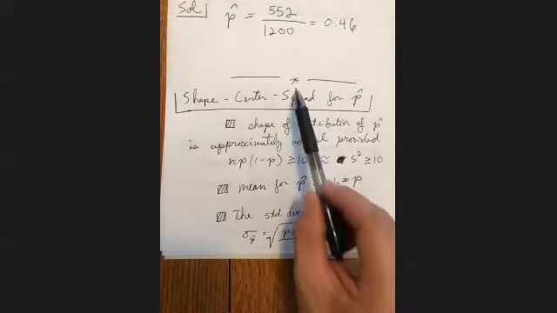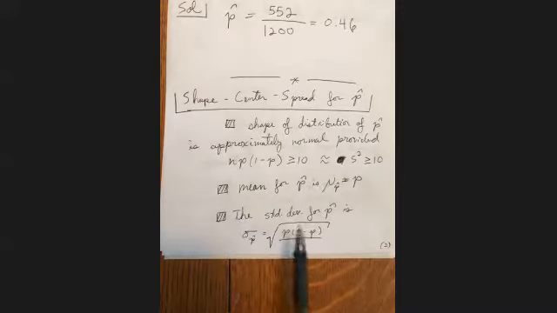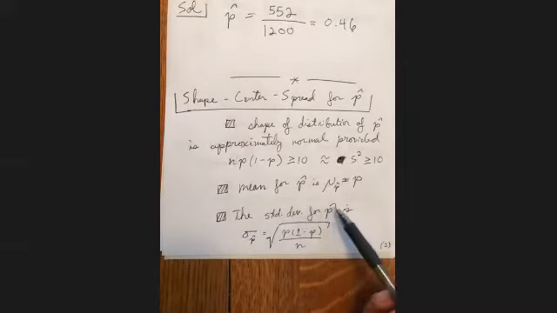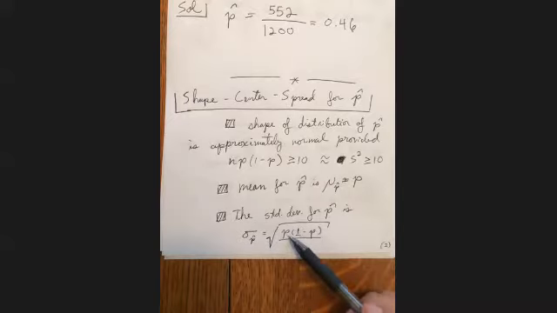And then finally, what about the spread? The standard deviation for p hat is equal to the square root of p times 1 minus p over n.